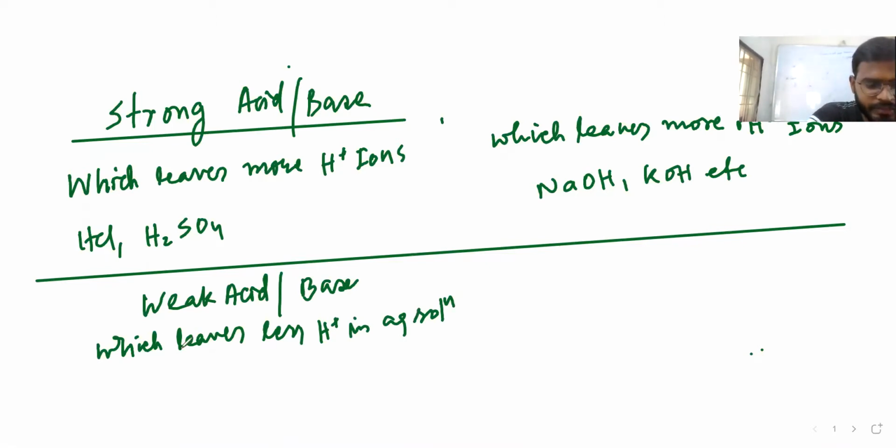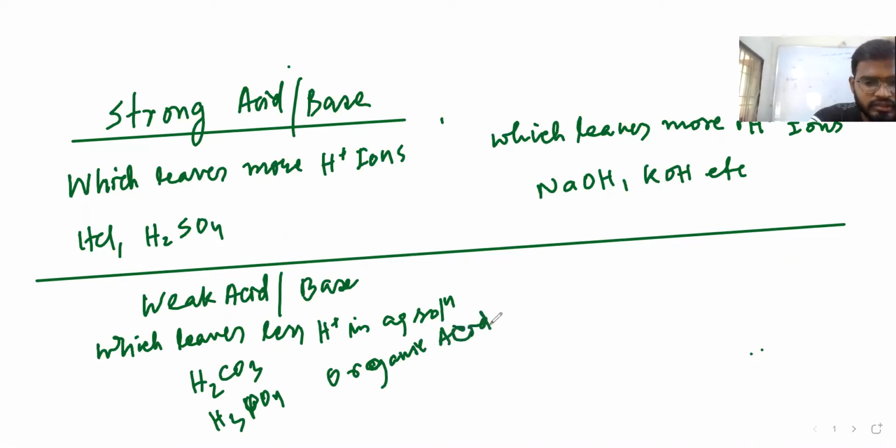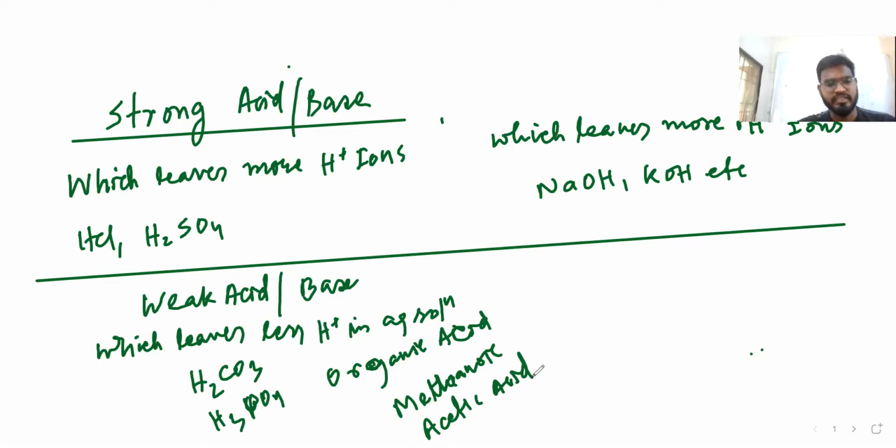Examples are carbonic acid H2CO3 and phosphoric acid H3PO4. Organic acids too, like methanoic acid and acetic acid, are weak acids.